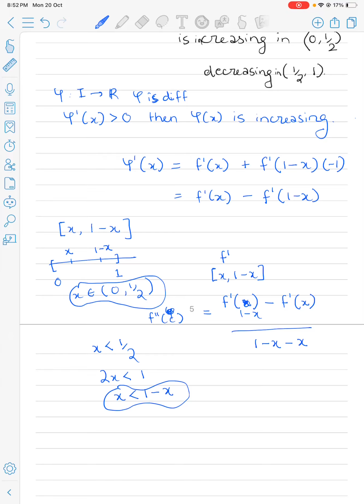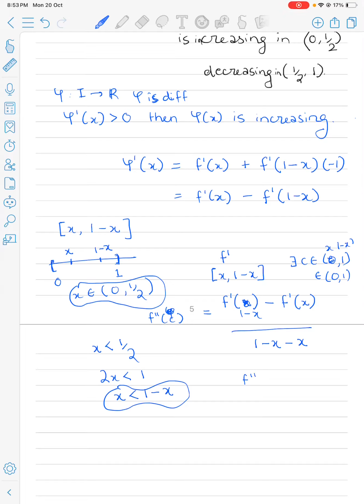So there exists c in x to 1 minus x, and since x and 1 minus x are inside 0 to 1, c belongs to 0 to 1.